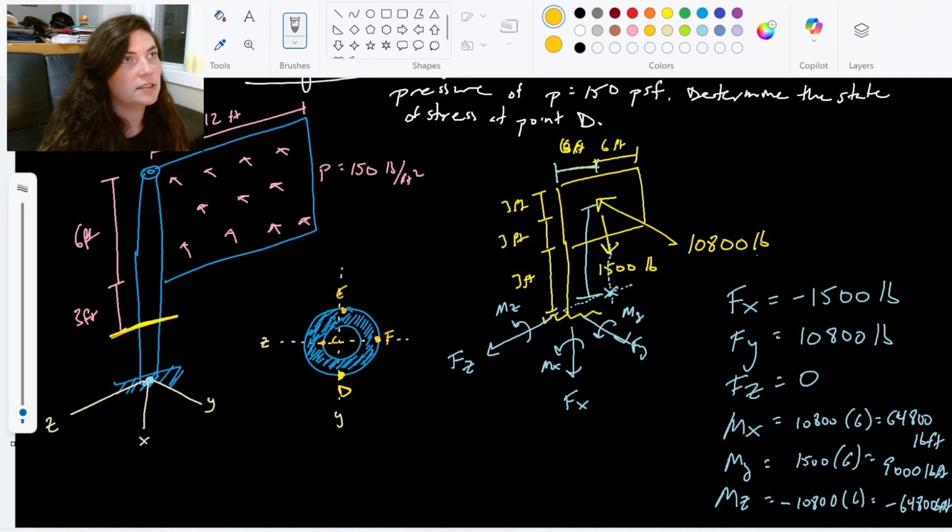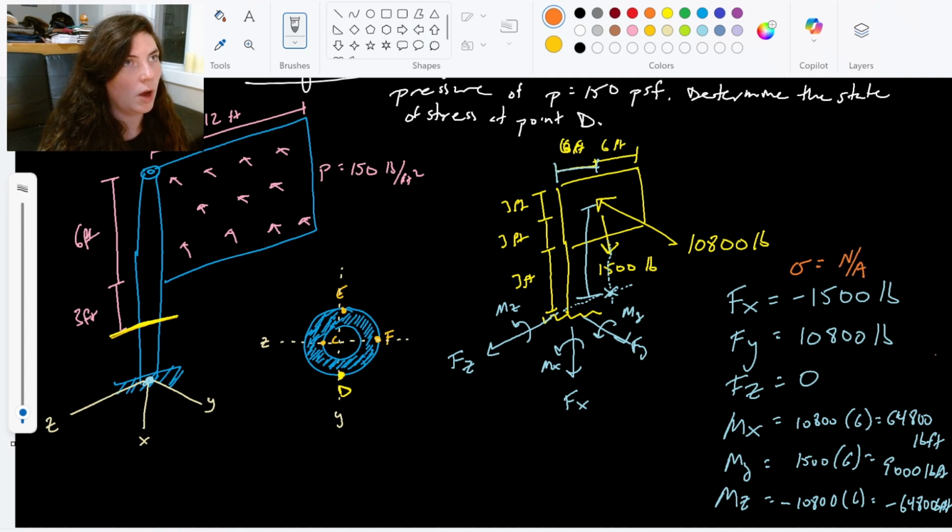So my Fx is going to be a normal force, right? Axial load. So this first guy, go ahead and label him. He is a normal stress and he's in compression, right? He's negative. So I'll just leave normal for now. So he's a normal force, N over A.